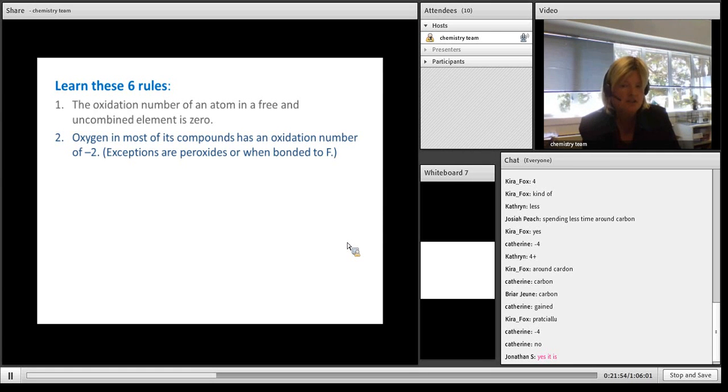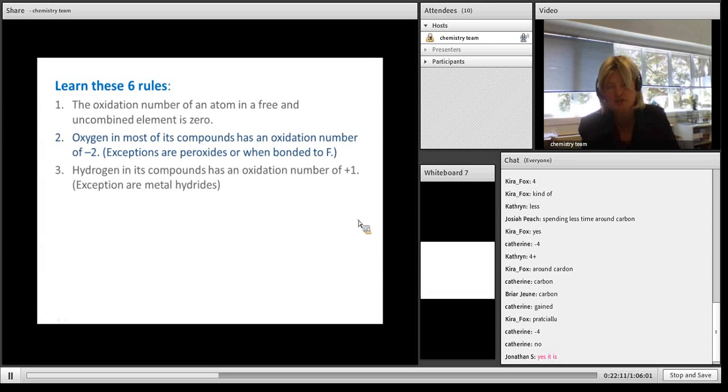Oxygen in a compound is -2. That's because it tends to always gain 2 electrons. The exceptions are peroxides, and the only one you work with is hydrogen peroxide, or when it's bonded to fluorine, because fluorine is more electronegative, so it grabs those electrons more strongly than oxygen does.